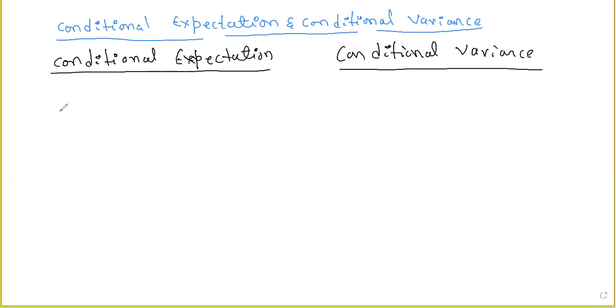Say for example, we'll consider the formula, that is nothing but conditional expectation of x given y. It means that the conditional expectation of x given y is nothing but the expectation of x whenever y is known, right? So this is given by summation x running from 0 to infinity x into f of x given y, right?